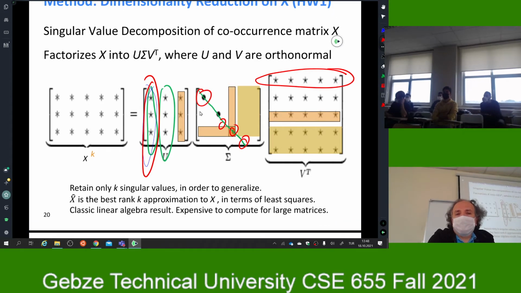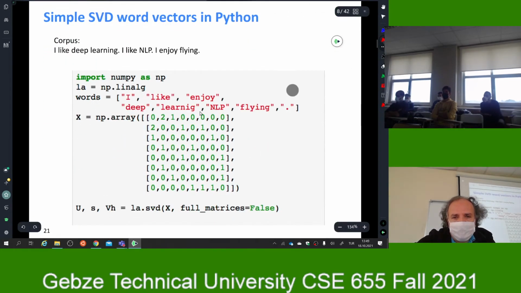So the corresponding 100 columns or corresponding 100 rows here are the important ones for me. So that means that I am going to take only the first 100 elements of this U matrix. Okay, maybe this will make sense a little bit.